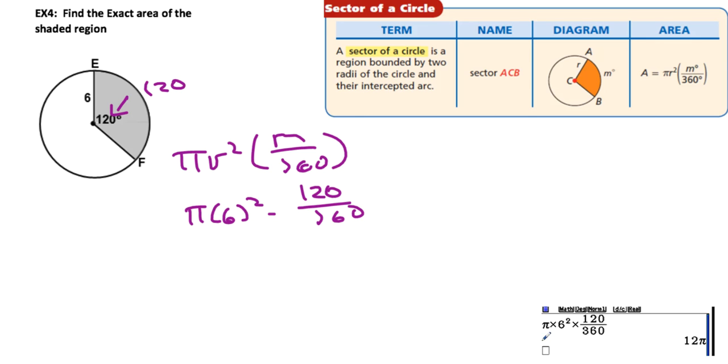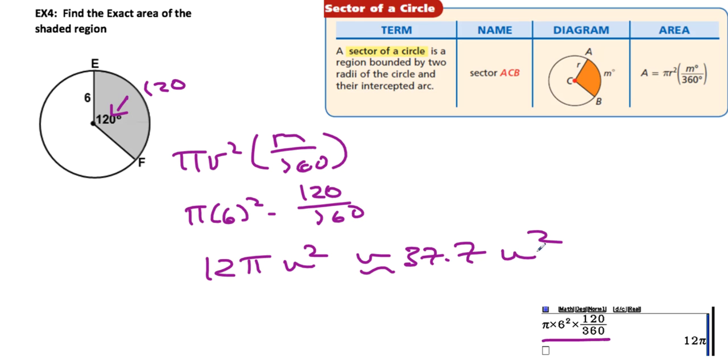So when you put this in the calculator like I did down here, you're going to get 12 pi. And this is units squared. You could put that in the calculator again using the pi button, and you're going to get about 37.7. Okay. Units squared.